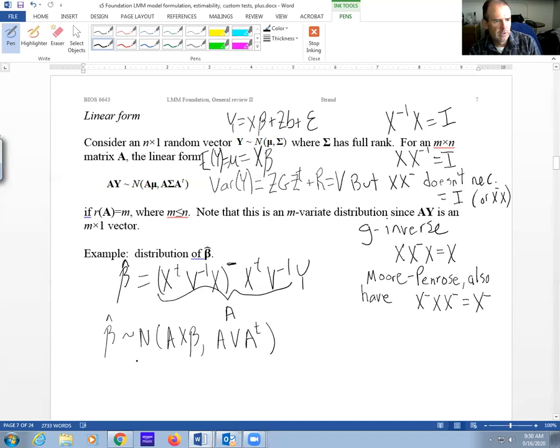So for the mean, we have X transpose, that first part, X transpose V inverse X beta. So that's equal to beta, right?